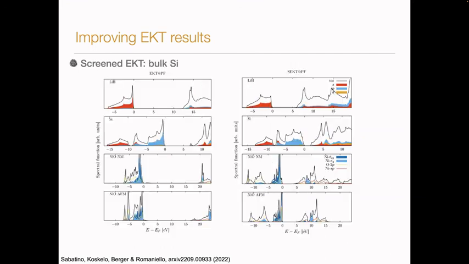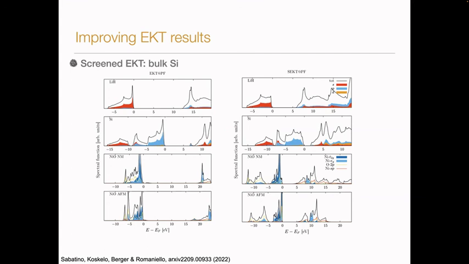Moreover, if we look at the composition of these bands, here on the left I have the projection over SPD orbitals. On the left, the EKT composition is very similar to the composition that we usually have in other methods like DMFT, which are used for strongly correlated systems.